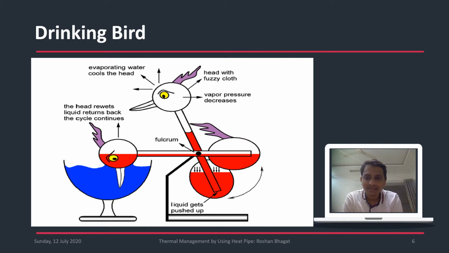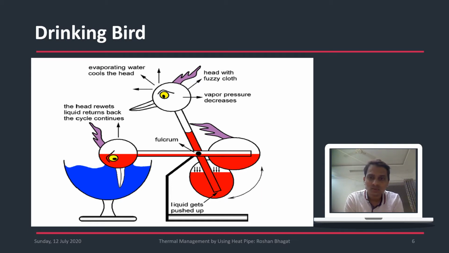In this way it looks like the duck is drinking the water, but one thing has to be remembered: there is no direct contact between that red fluid and the water. The duck is not at all drinking the water; it is just coming in contact through the glass tube. The evaporation is responsible for creating low pressure inside, at the head, and the high pressure at the tail pushes the red liquid, methylene chloride, towards the head, which results in a sustained oscillation.